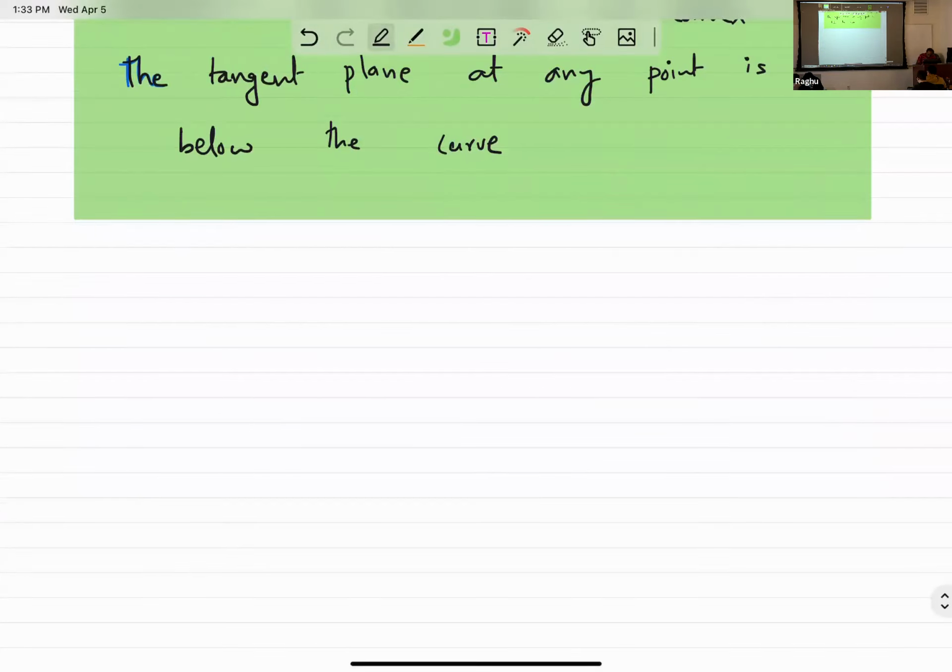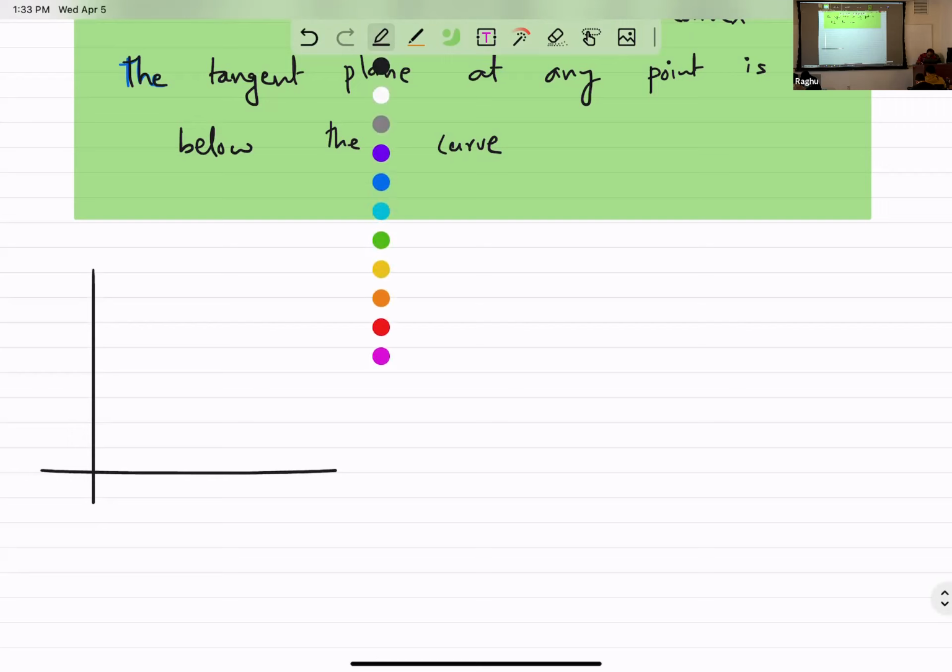For example, this is not exactly a parabola, but still it's convex because you can see that the tangent line at every point is completely below the curve.